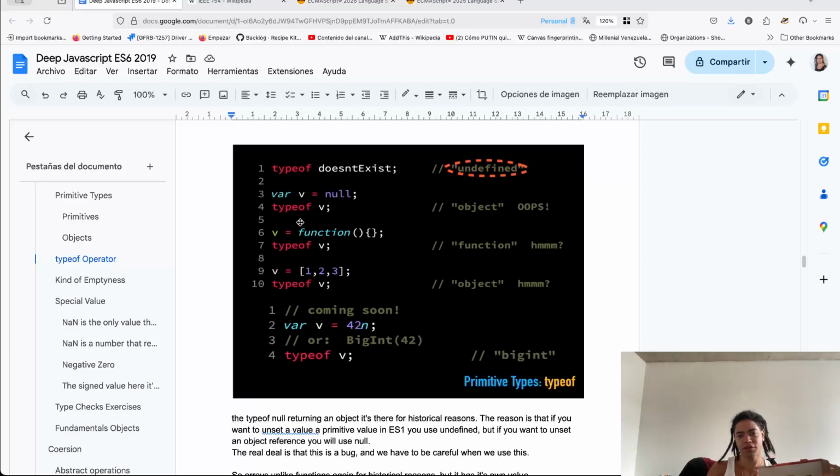So I reserve a space in memory to put only numbers or booleans or strings, big int, symbols, even undefined or objects, right? Any kind of objects.